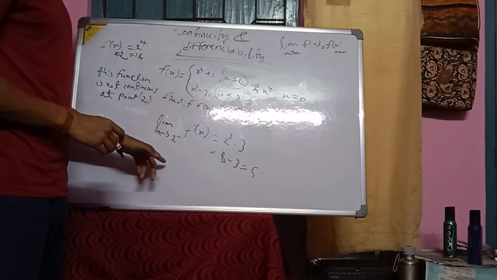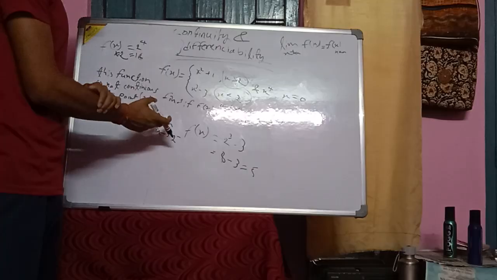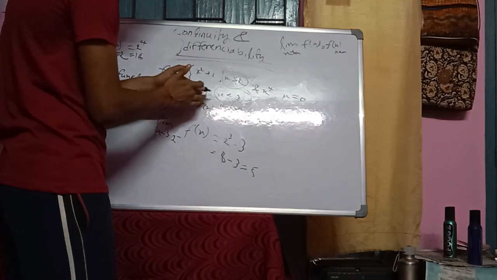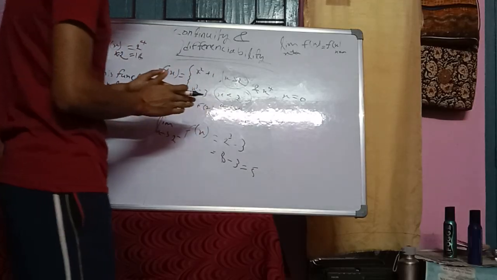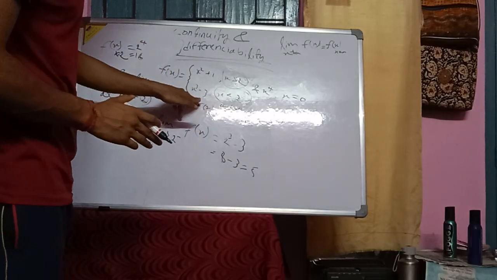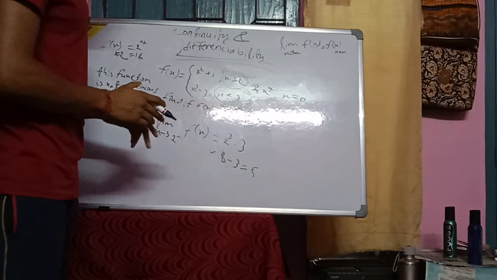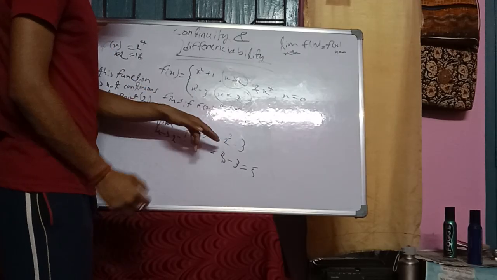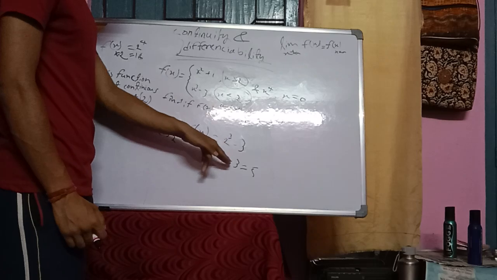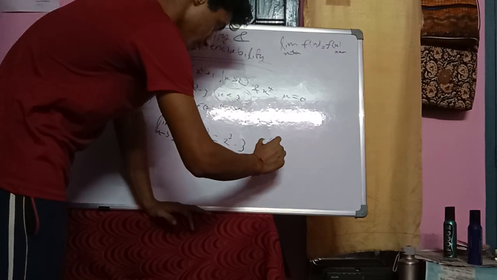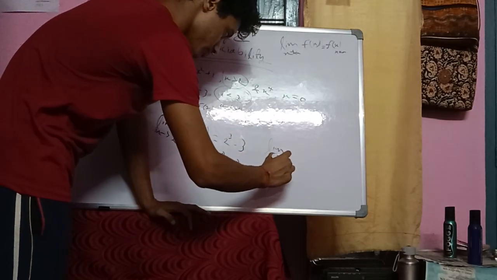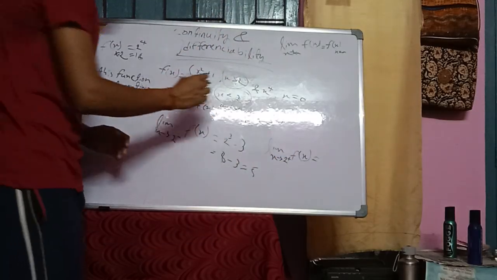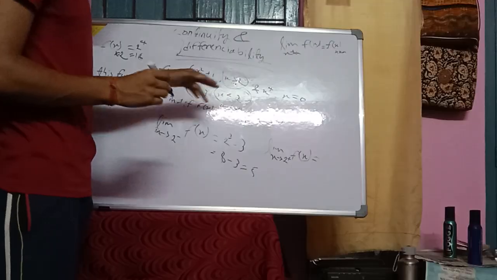The limiting value for both is going to be 5, because when you are slightly smaller than 2, we will be satisfying this condition, x less than 2, and the function would look like x cubed minus 3. So it would be 2 cubed minus 3, that is 8 minus 3, which is 5. And the right hand limit, where x is slightly larger than 2, will be satisfying the condition x greater than 2.